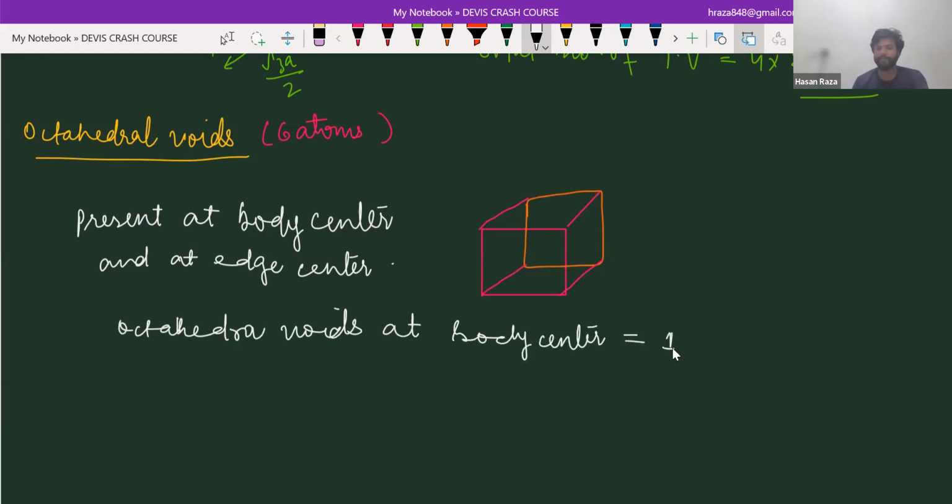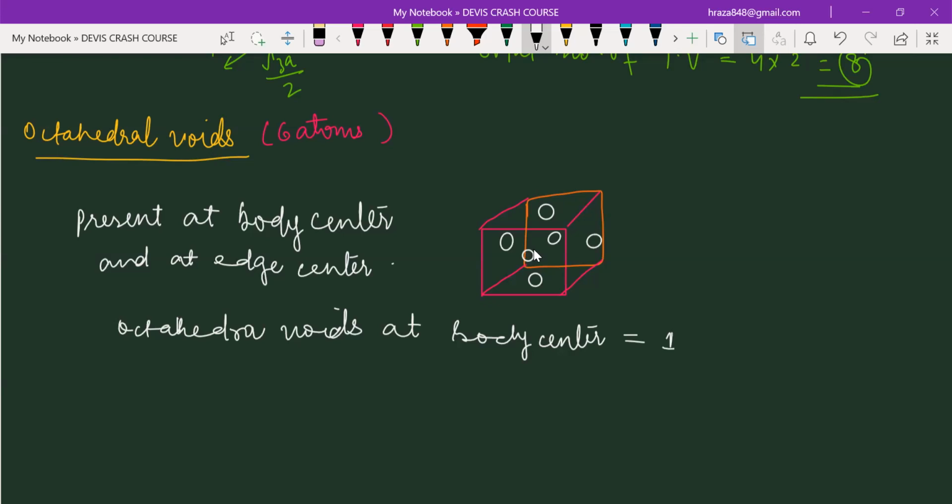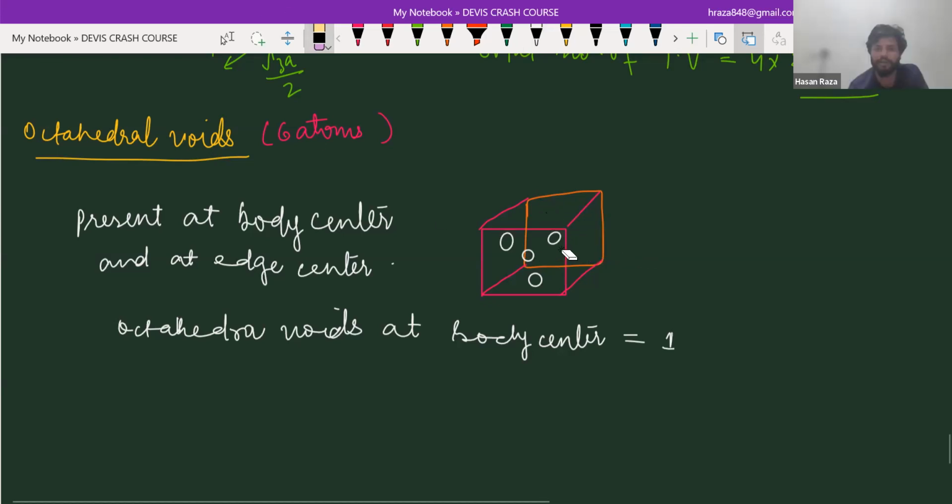This is clear, right? If you need another explanation, you can see there is an atom, there is an atom, there is an atom, there is an atom, there is an atom, there is an atom, and due to these atoms there will be a void. So that is what I was talking about, the body center.